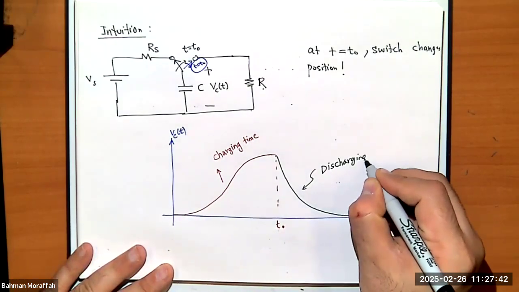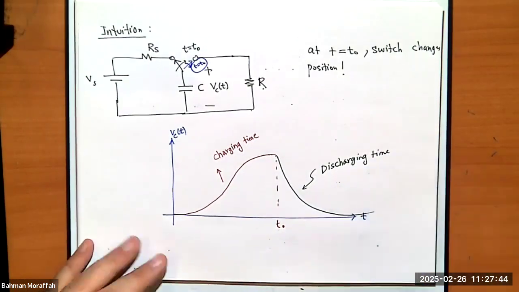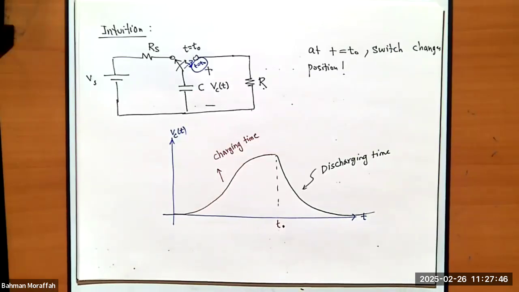How we get these graphs and why they look exponential, we're going to talk about in detail. But what's important here is that for this portion from 0 to t naught, I have a source that can supply the circuit, which starts charging my capacitor. So I'm going to start seeing voltage across that capacitor.